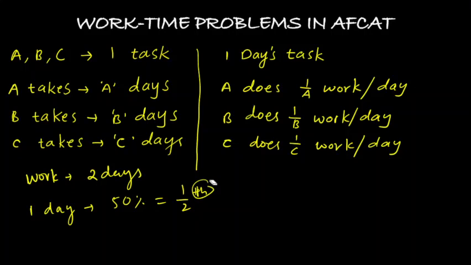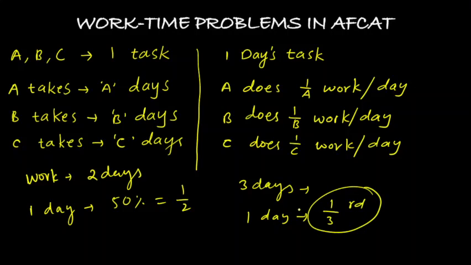In a similar manner, if you are completing a work in 3 days, in one day you are able to complete one third of the work. So this similar concept is used here. A does 1 by A work per day, B does 1 by B work per day, and C does 1 by C work per day.